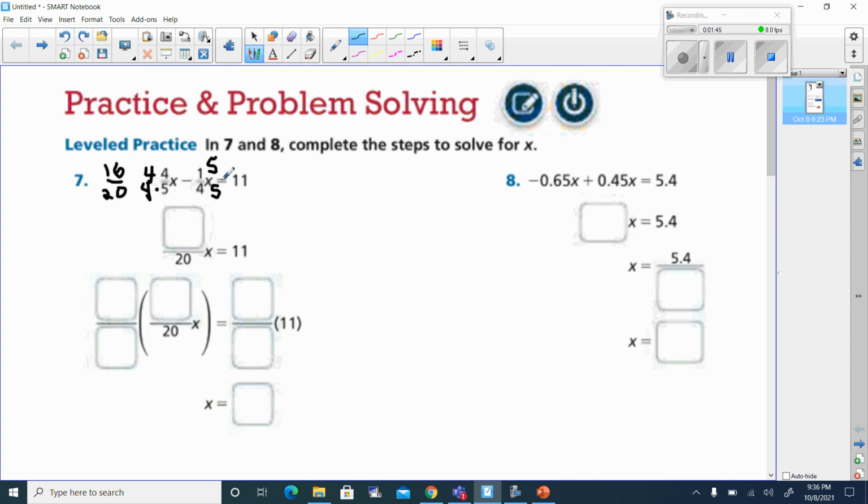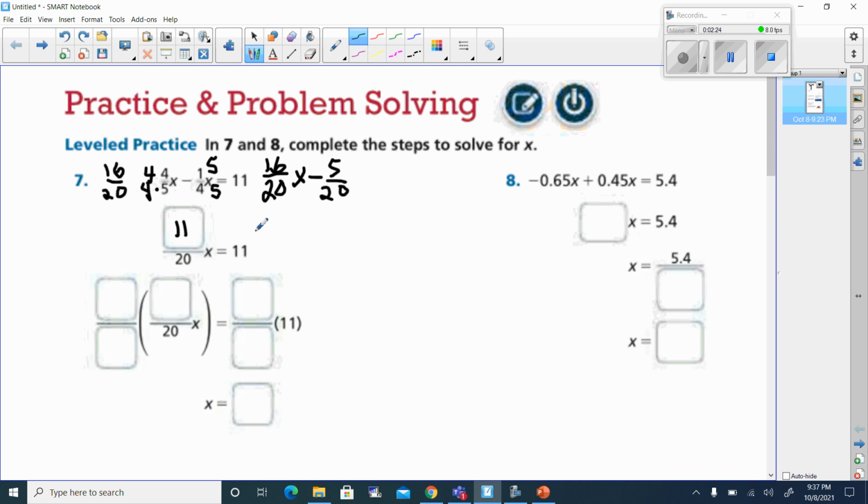We got 16 over 20x minus 5 over 20. I'm not quite sure what I said before, but I know this is 1 times 5, and it's 5. And now 16 minus 5, that's going to give us 11. So this would be 11 over 20.